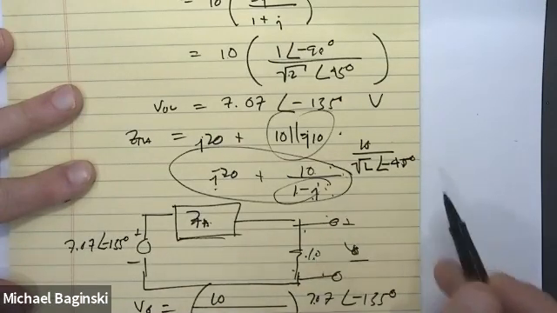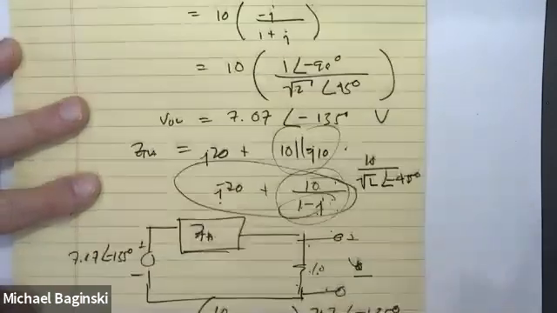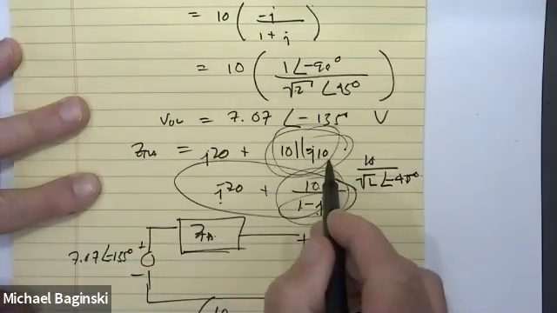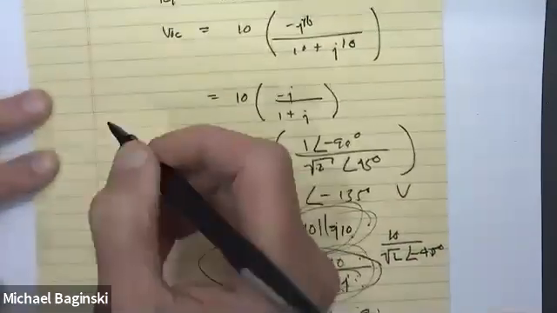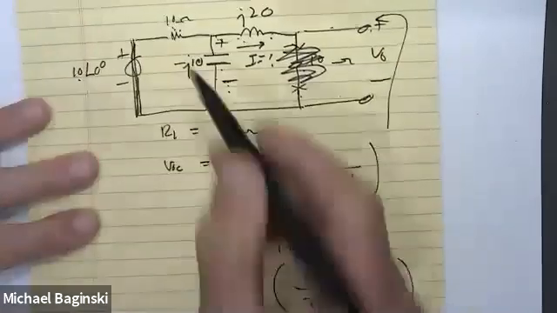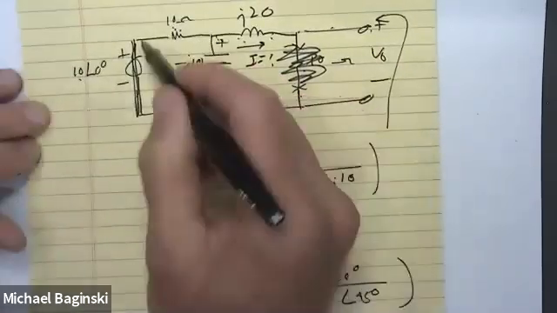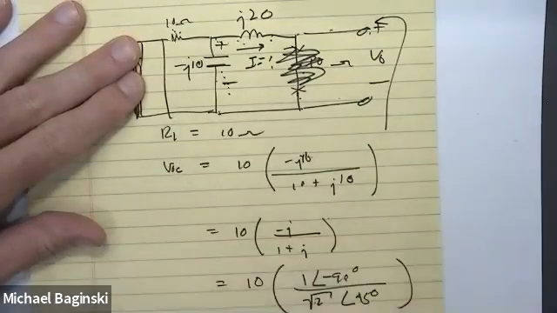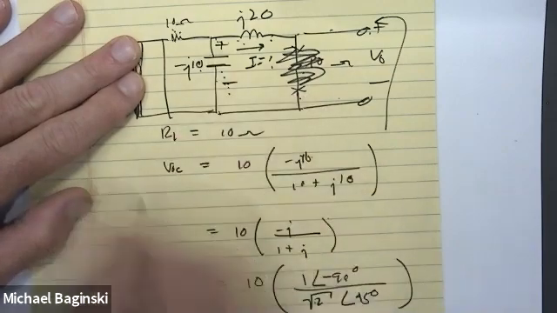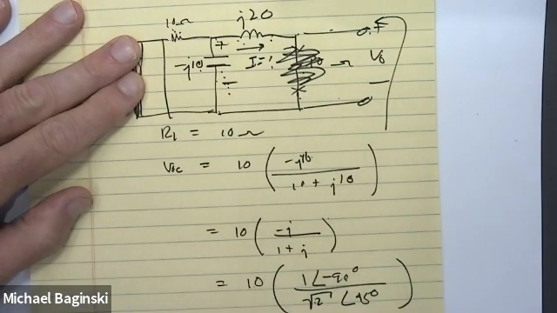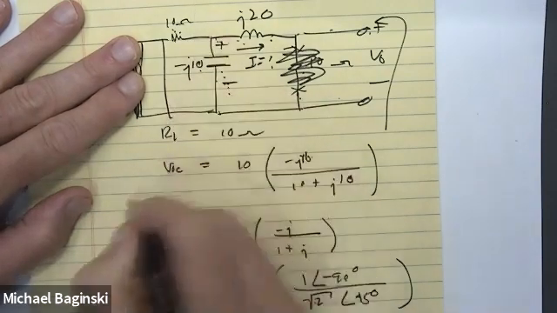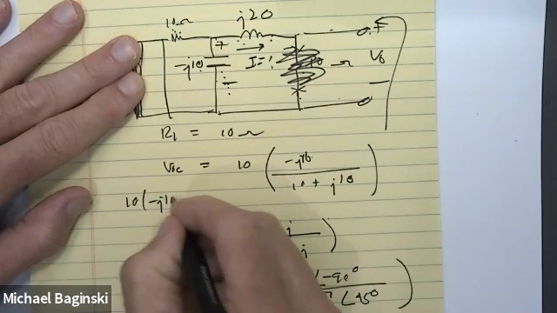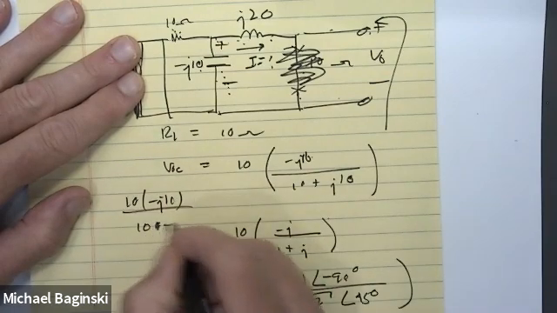Oh, okay. You're talking about this right here? That's not voltage division. I took 10 in parallel with minus J10. Okay, here's what I'm doing. If I have 10 in parallel with minus J10, because this is shorted, right? So that's literally here, okay? With me? All right, if they're in parallel, you can take 1 over 10 plus 1 over minus J10, or if you multiply top and bottom by the first and the second, you're left with 10 times minus J10 over 10 minus J10.